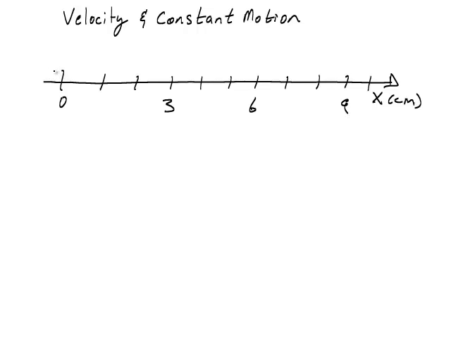And I want to then take snapshots of where my robot is every second. And this will be at 0 seconds, 1 second, 2 seconds, 3 seconds. Now I want to then take these snapshots and turn them into a motion diagram.